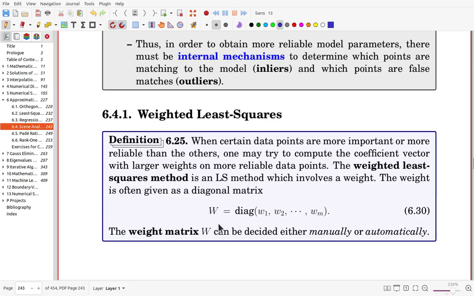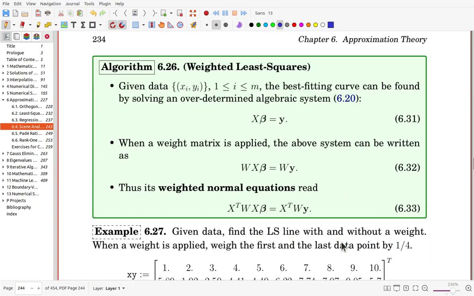The weights are organized in this form, a diagonal matrix along with the weights. Such a matrix W is called a weight matrix, and it can be decided either manually or automatically, but in most cases manually. Here is the algorithm. Given the data xi, yi, and there are n points, the best fitting curve can be found by solving an algebraic system given in this equation. Now you can apply a weight matrix W, a diagonal matrix.